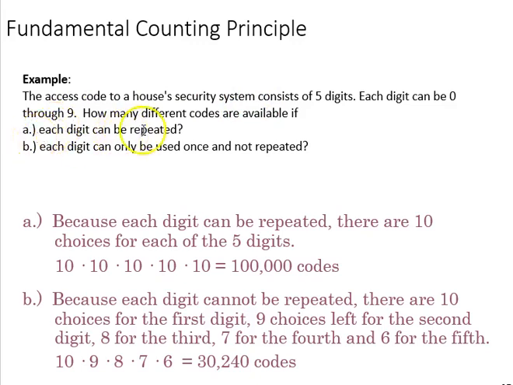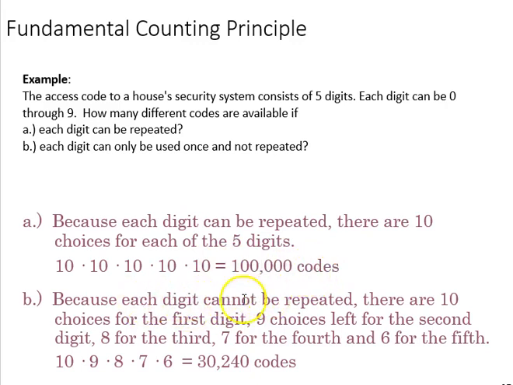Can we use the digits more than once? Or each digit can only be used once and not repeated is the other option. So in the first case, because each digit can be repeated, there are 10 choices for each of the 5 digits. And that's simply going to be a product, 10 times 10, 5 times, right? So we have 100,000 codes.